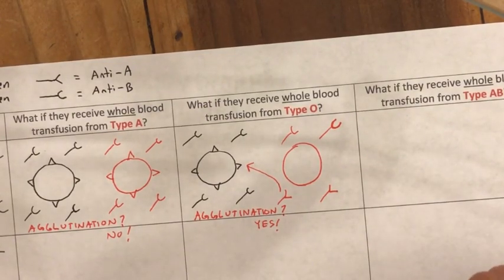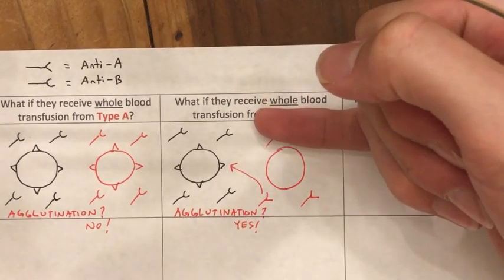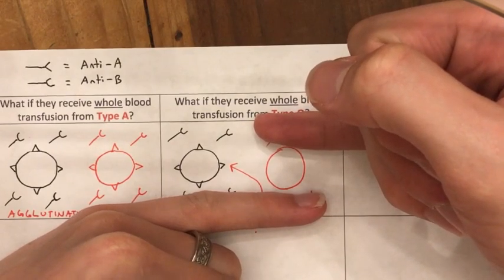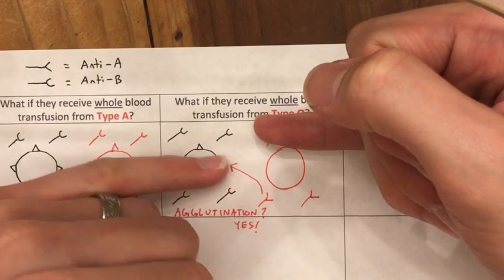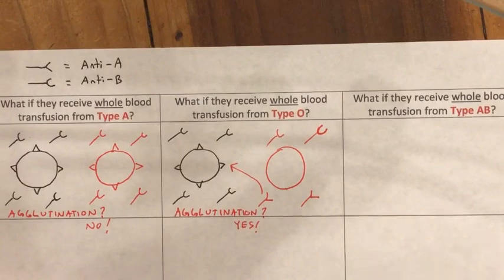So how do we explain why people say blood type O is the universal donor? Well, if we were to take away the antibodies before doing the transfusion, then we eliminate any worry of anything attacking the recipient here. So what they can do is they can centrifuge or spin around the blood, or maybe use other methods too, and they can remove the antibodies from the volume of blood that's being donated.